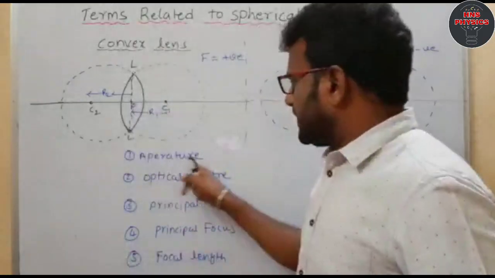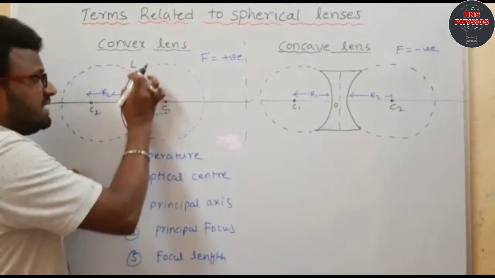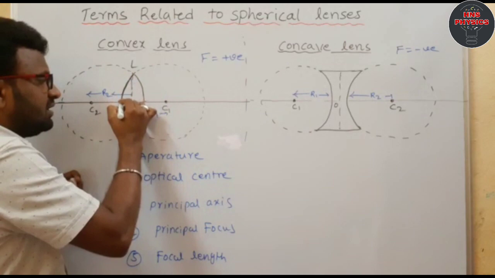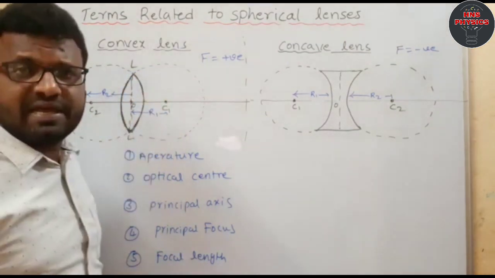Coming to the first one, aperture. Aperture is the effective width of the spherical lens from which refraction takes place.